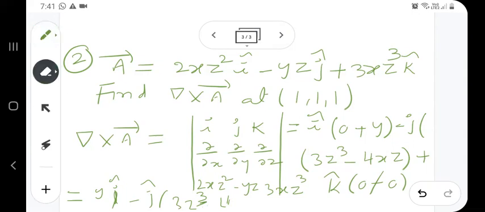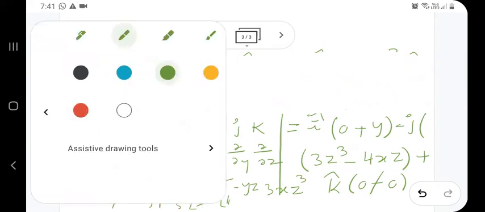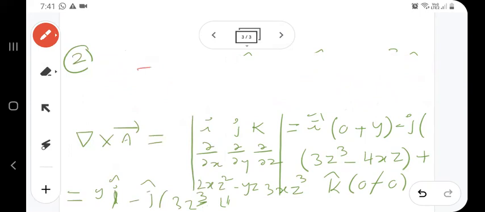So that equals y I cap minus j cap into 3z cube minus 4xz.